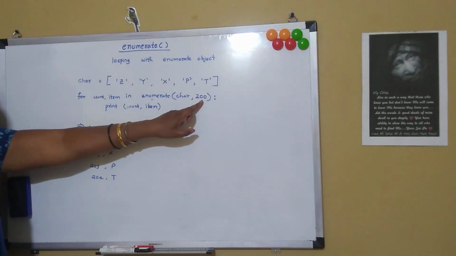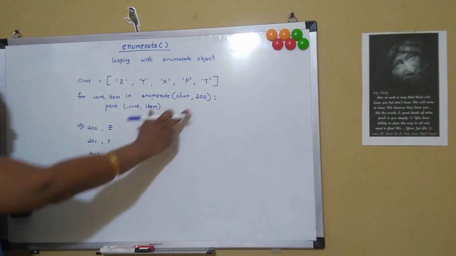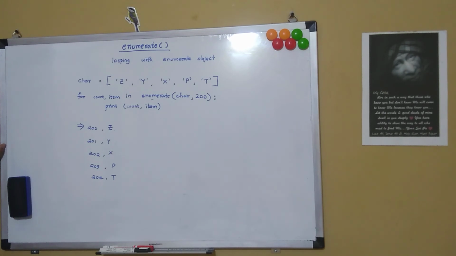And also it's flexible because we can give our own start value. It can start from 200, 500, any value, and if we don't specify anything, it will start from 0. So these are the benefits of using the enumerate built-in function in Python programming language.